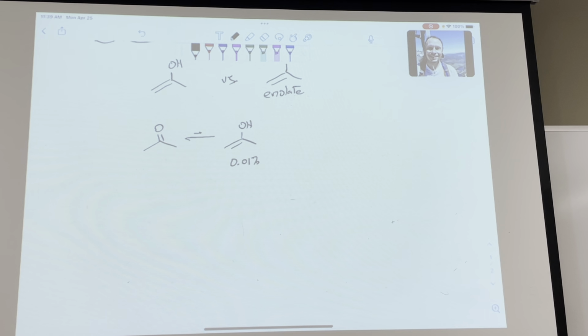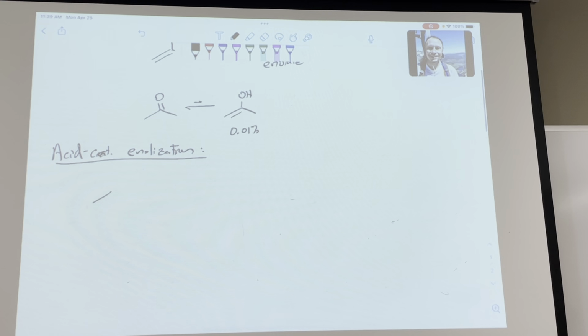So under acidic conditions, you have a ketone or aldehyde, whatever the carbonyl is. You can imagine if you add acid, the first step is always the same, right? We've seen this pretty much all semester long.